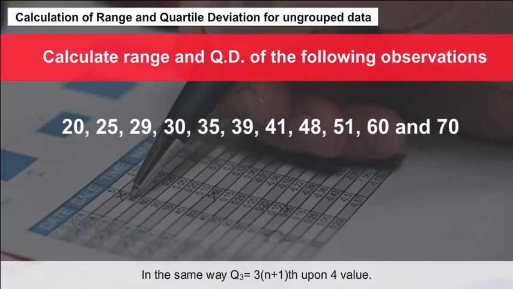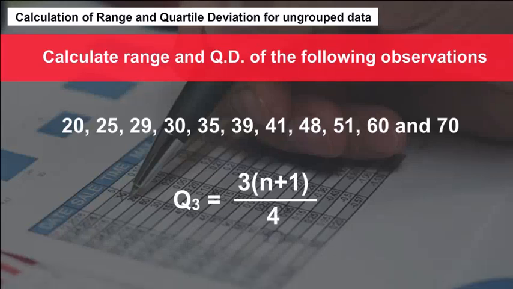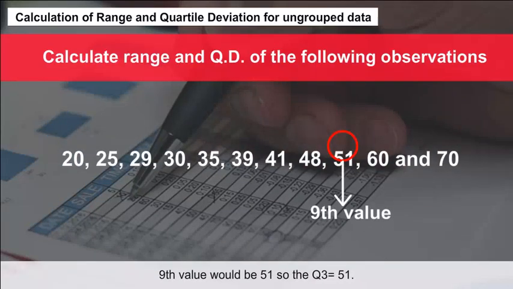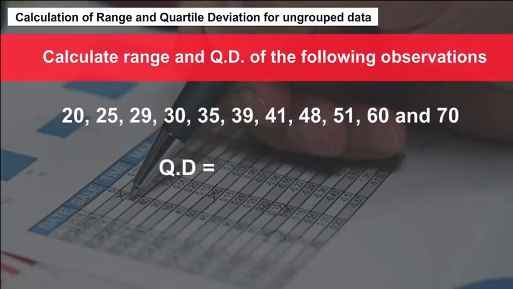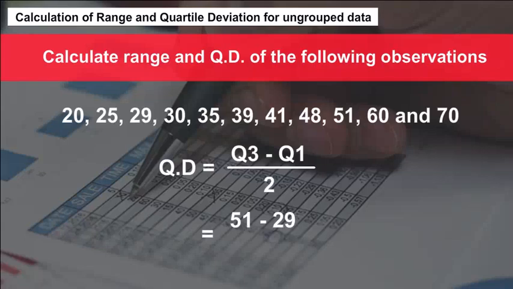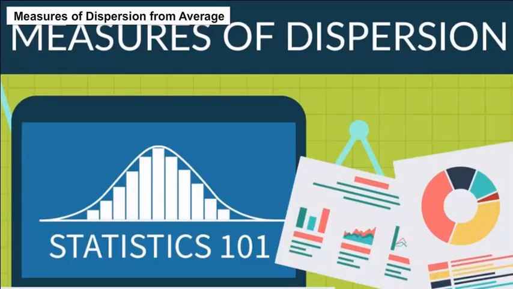In the same way, Q3 is equal to the 3(n plus 1) upon 4th value. The ninth value would be 51. So, Q3 is equal to 51. QD is equal to (Q3 minus Q1) upon 2, which is equal to (51 minus 29) upon 2, which is equal to 11.